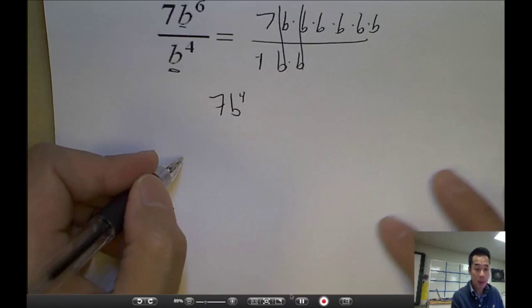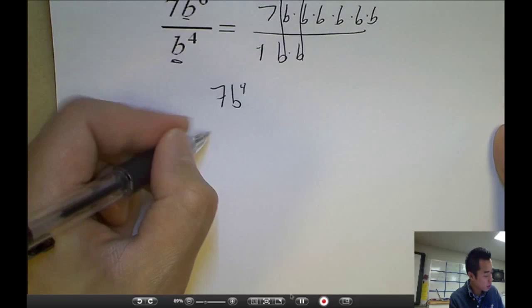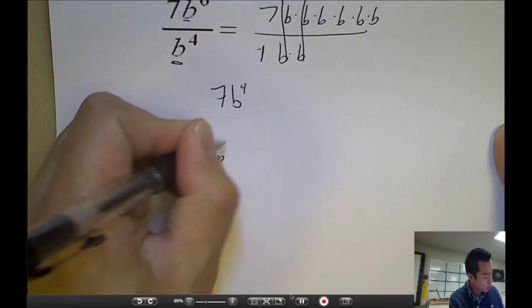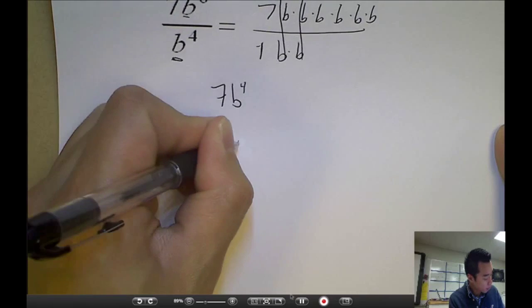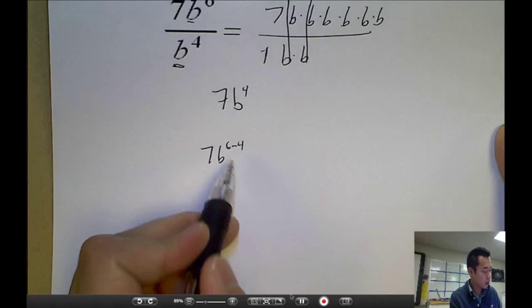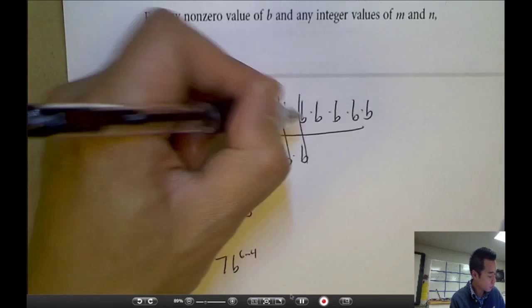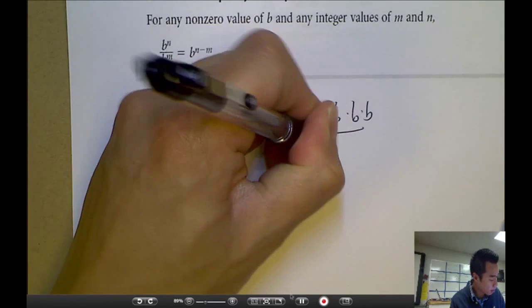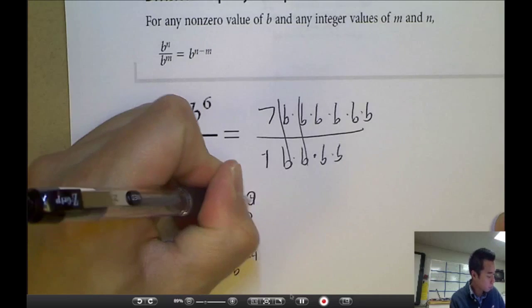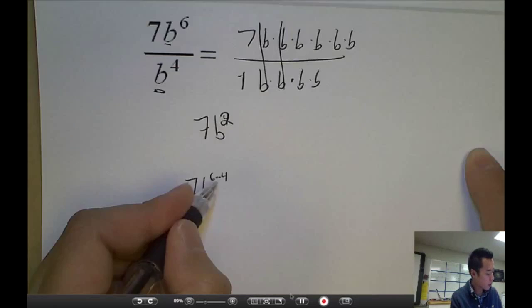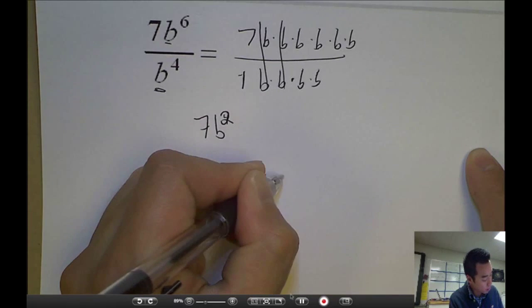But really what's happening here, when we cancel all those out, because they're the same base, I get 7b to the 6 minus 4. Oops, sorry, I didn't finish my b's there. So it will be 2. So 6 minus 4 equals 7b to the 2nd.